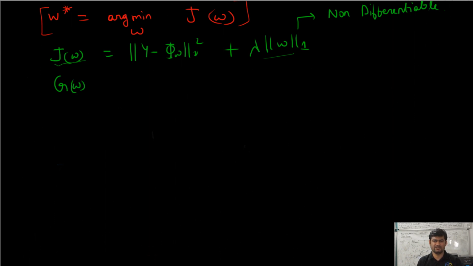So we will replace this non-differentiable loss function J of W by some function G of W. At every iteration of the majorization minimization algorithm, we will select a function g_k of W, where k is the kth iteration.